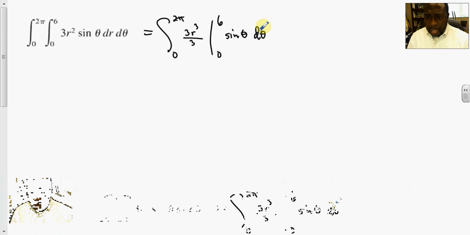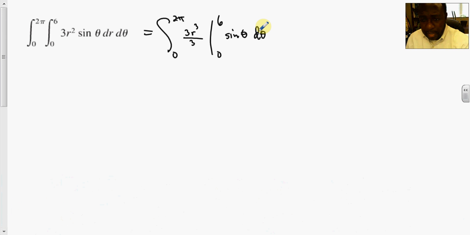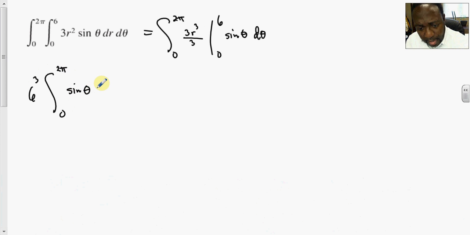So now we evaluate r at 6, and that gives us 6 to the third power, times the integral from 0 to 2 pi of sine theta d theta. And so here we integrate with respect to theta.